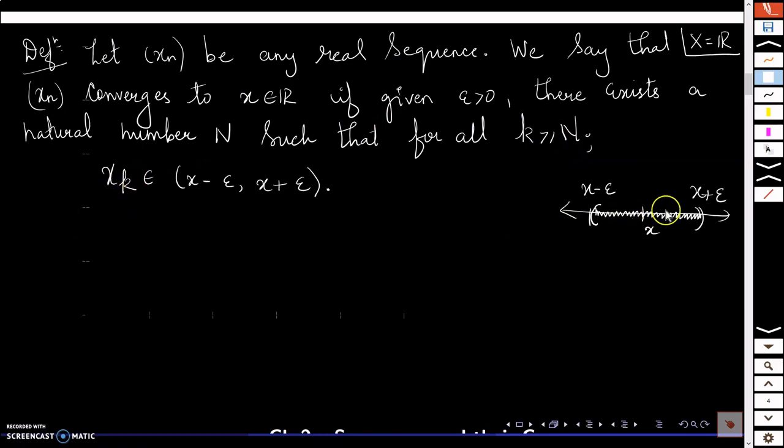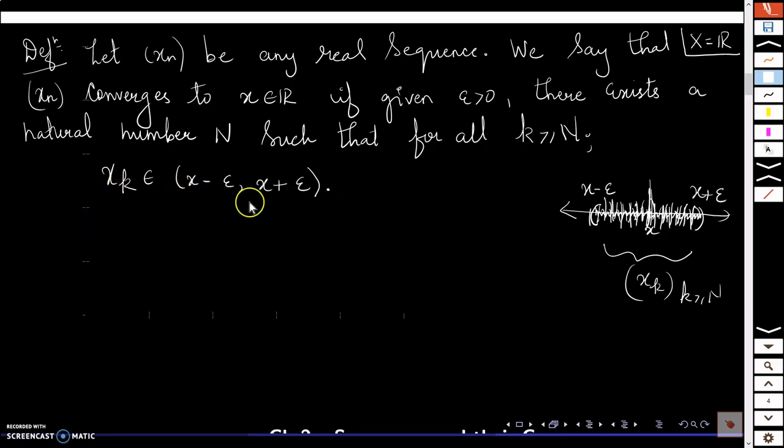So this says the terms xk's are coming here where k is bigger than or equal to n. That is, this tail is entirely sitting inside this epsilon neighborhood. Sometimes this is also called an epsilon band. Okay, and x is here. So after a certain stage, all the terms of the sequence are sitting inside that epsilon neighborhood, right?